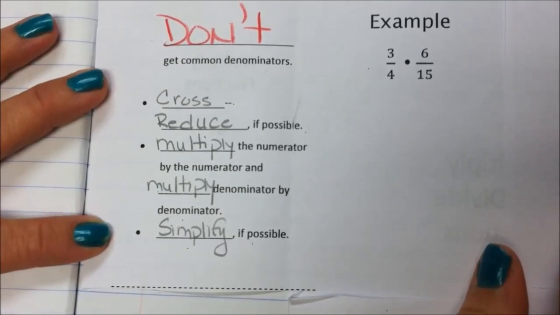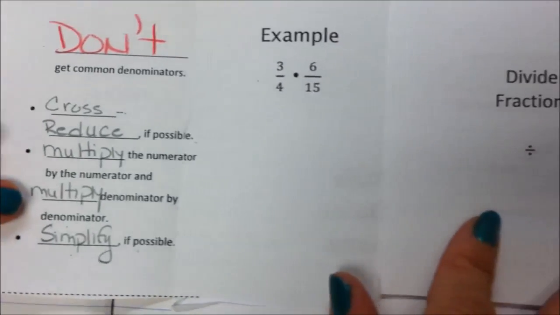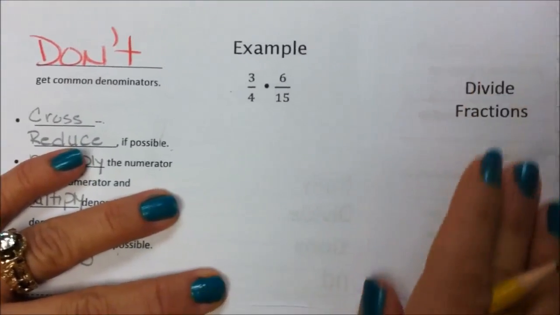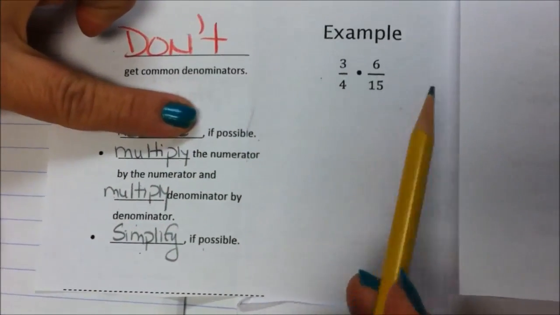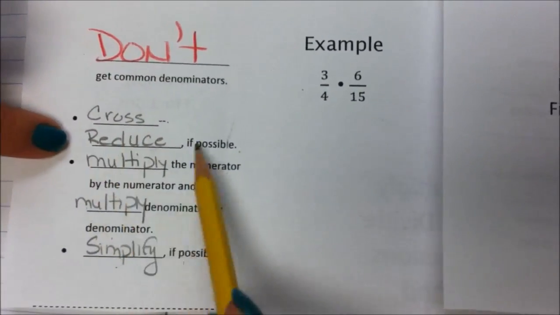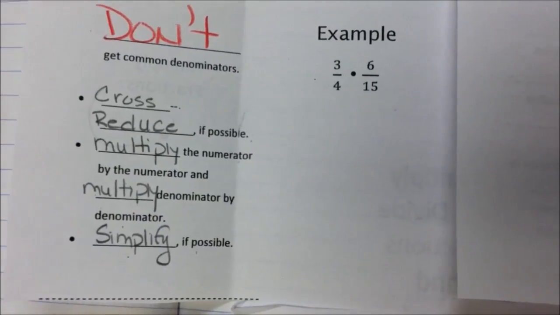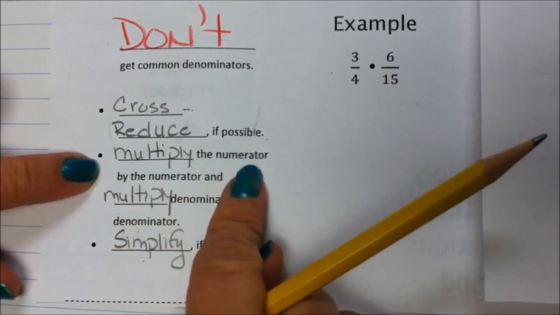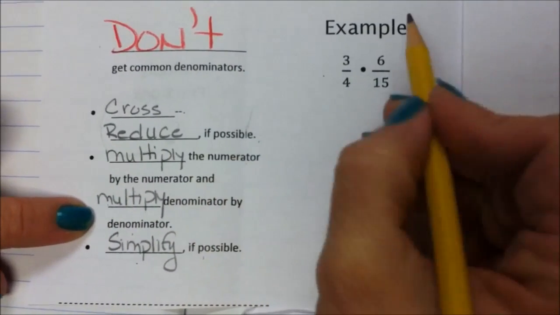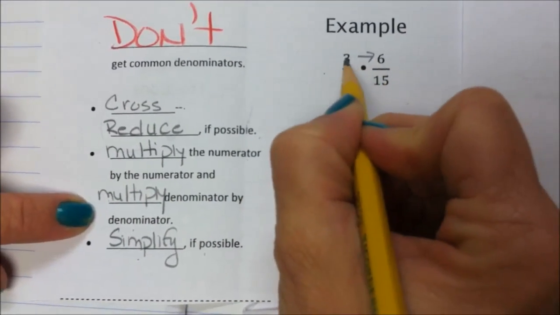So let's go ahead and take a look at our first example. I'm going to skip the cross-reducing on the first example, and then I'll redo the problem and show you what it looks like for those that cross-reduce. So looking at the first example, all you have to do is multiply the numerators. So we're going to multiply straight across.